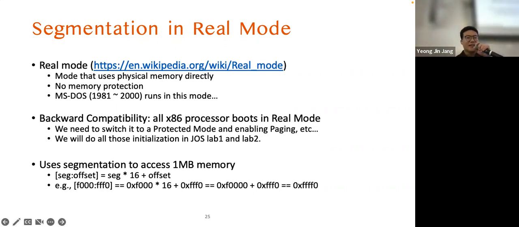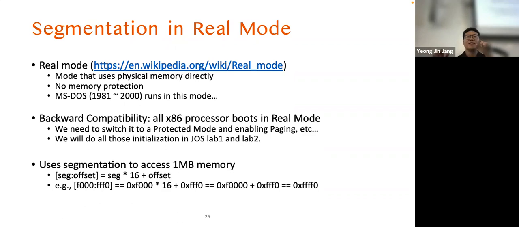For the sake of backward compatibility, all x86 processors from now on, even the Core i7 or i9, support booting in real mode. In lab 1, if you have already started, you have seen the keyword protected mode.